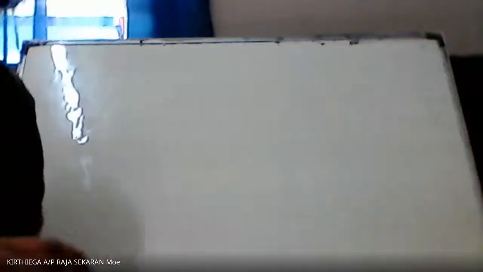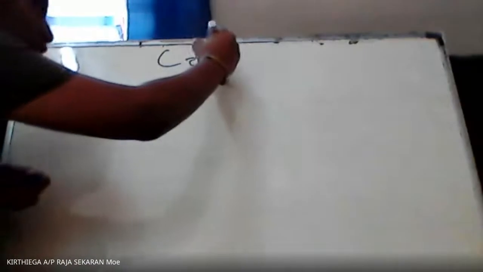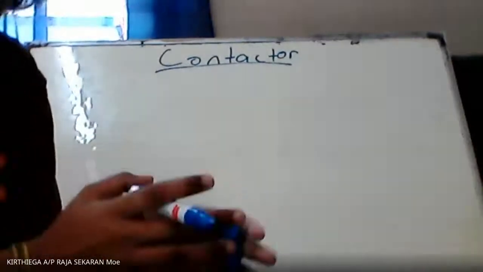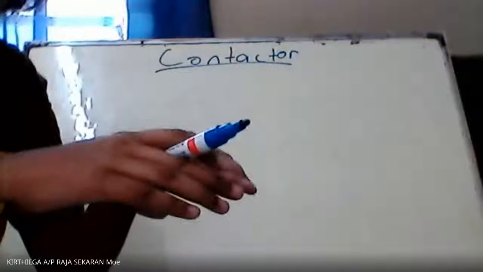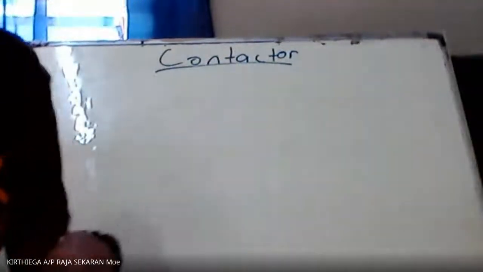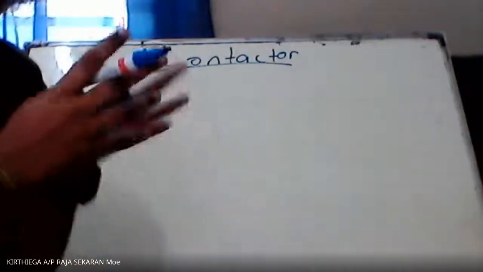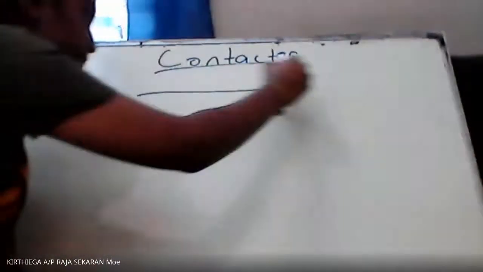So the first component that we are going to talk about is the contactor. This contactor is the thing that, when you saw in the video, the button is moving up and down. That is the contactor. So I will show how it works and what the things inside the contactor are.